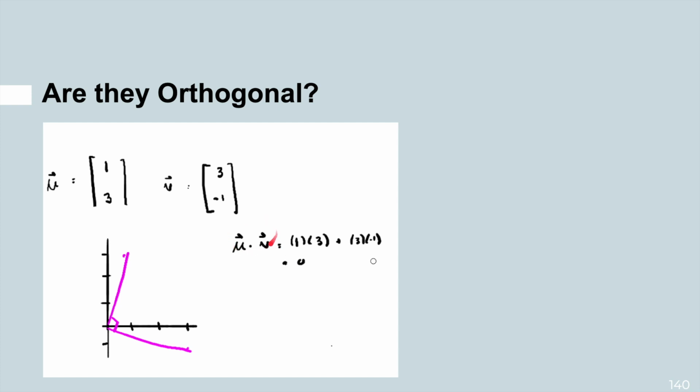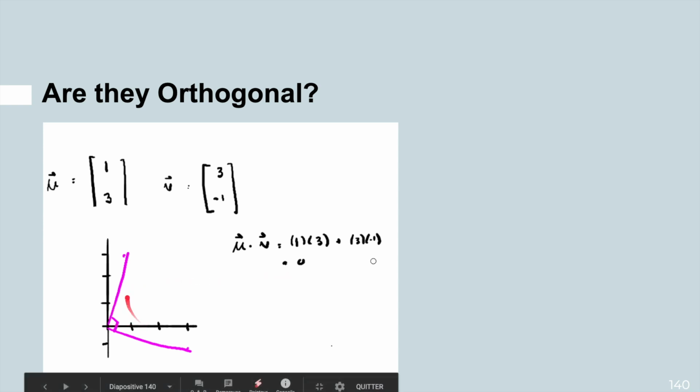So the dot product of these two vectors is 0. That means that they are orthogonal. If we were to draw them out, we have (1, 3), this is u, and this is v, and we can see that they are perpendicular. It's always best to actually do the math because your drawings are probably not going to be perfect.